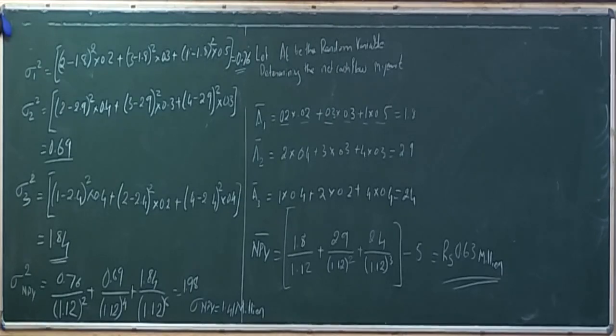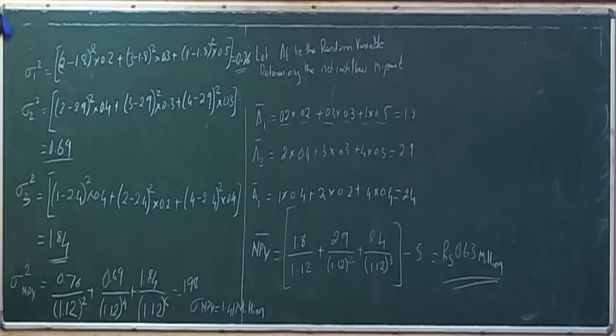If we calculate the standard deviation of the net present value, the values we have already calculated, according to the formula, we will just insert them. So 0.76 divided by 1.12 raised to 2, 0.69 divided by 1.12 raised to 4, 1.84 divided by 1.12 raised to 6.